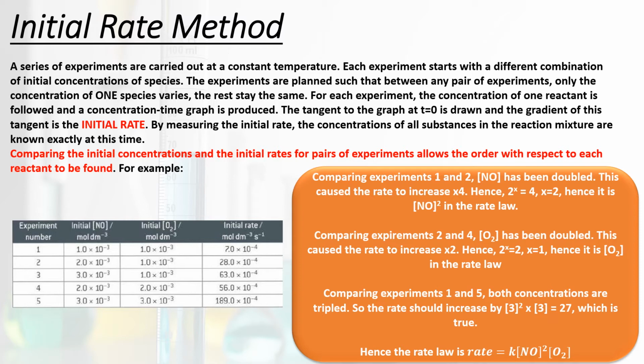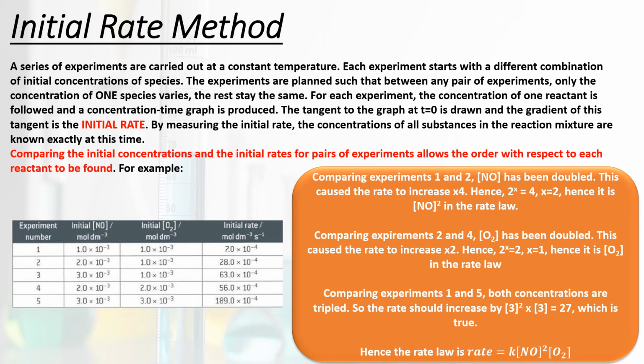So if we compare experiments 1 and 2, our concentration of NO has been doubled, our oxygen has been kept constant. And if we check the rate between experiments 1 and 2, the rate has increased by 4. So we know that multiplying the concentration by 2 has increased the rate by 4. Essentially we can say we have 2 to the power of the unknown, 2 to the x, equals 4.